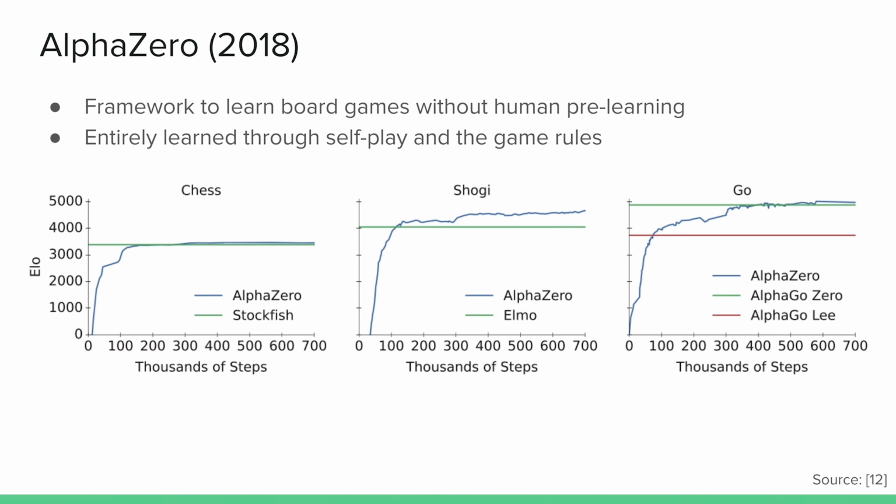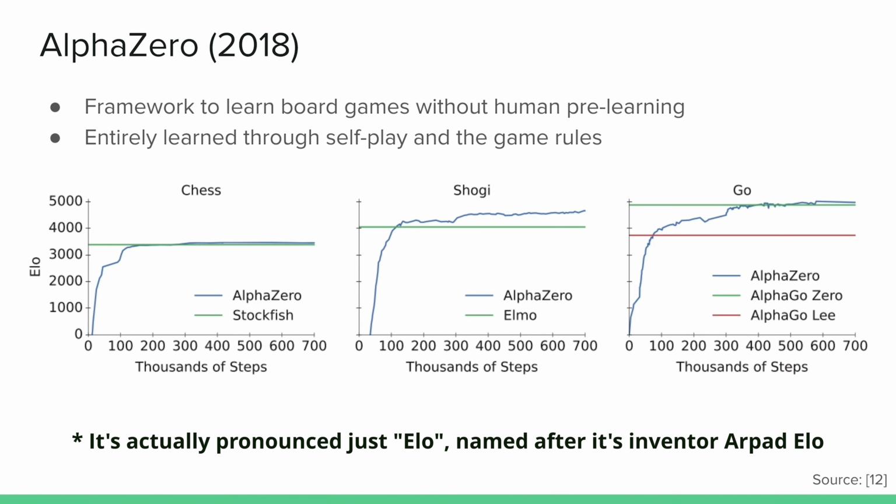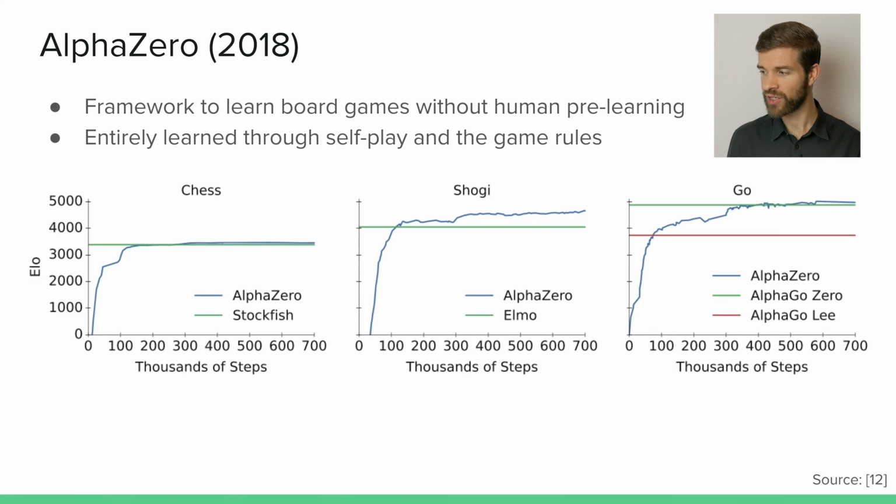And what you can see here is for three different games, chess, shogi, and Go, that if you train it for a certain number of steps, it will become better than the baseline that they're using. What you can see here is this Elo, the rating system, which is a relative skill level for players in zero-sum games. It postulates that each player's skill can be modeled with a normal distribution with a certain center.